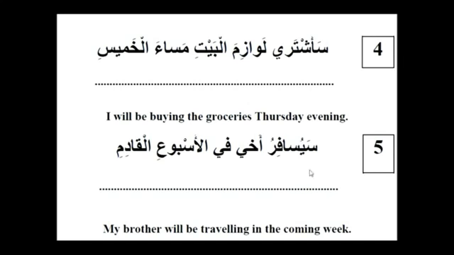Anyway, we'll go on to the 5th row. Here we have the ya with the dhamma on top, and we have a fatha before the ya, and we have a sin. Sa yusafiru akhi fi al-isbu', but we have a kasra under it, so it can't be al-isbu'i.